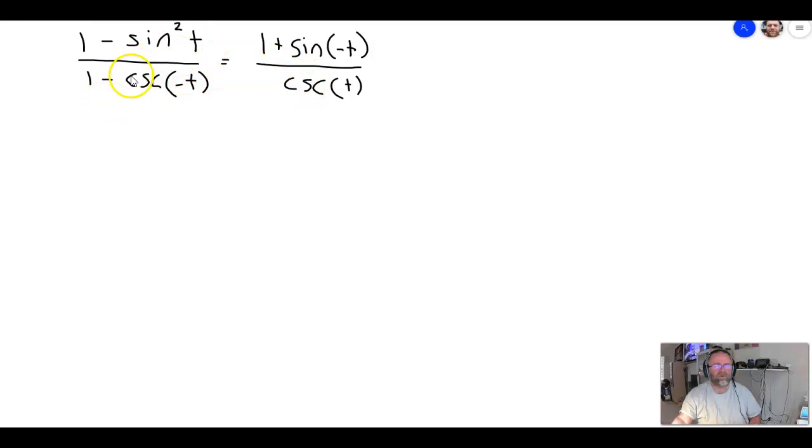All right. So the first thing that we want to do is clean this up as much as possible. We're going to use the fact, remember the Pythagorean identity: sine squared of x plus cosine squared of x is equal to 1. We'll use that.